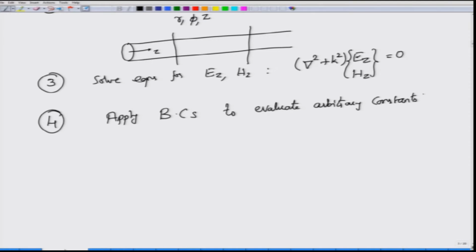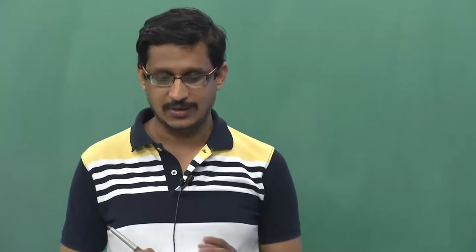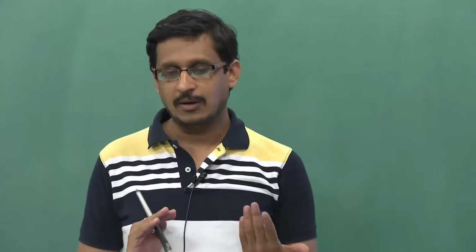Now there might be many constants that are interesting to evaluate, but what you are after is to find this critical parameter known as the propagation constant of the guided mode. You want to know not only how the wave is propagating, but you also need to know what is the propagation constant of the wave. So that is very important. So what you are after is basically to obtain this critical parameter known as the propagation constant. So that's essentially the objective of applying boundary conditions and deriving the necessary equations.